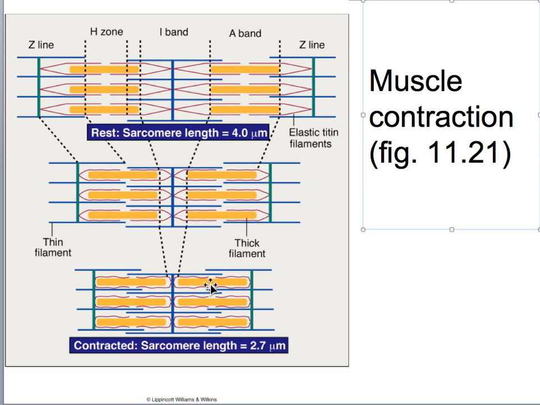And here there's complete overlap. So this is obviously a contracted state, and the sarcomere, the distance from this Z line to this Z line, is shorter. So in our next notes and our next videos, we'll review the current hypothesis of how muscle contraction occurs.